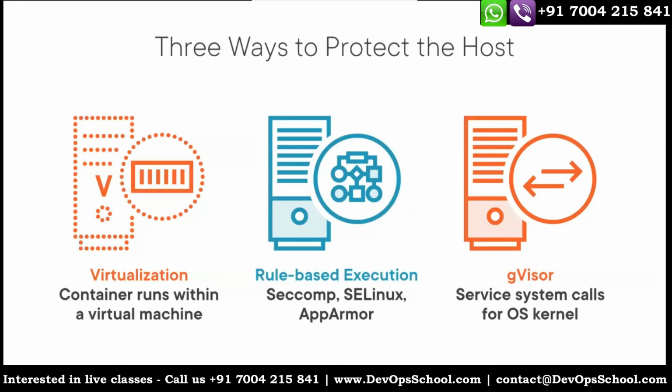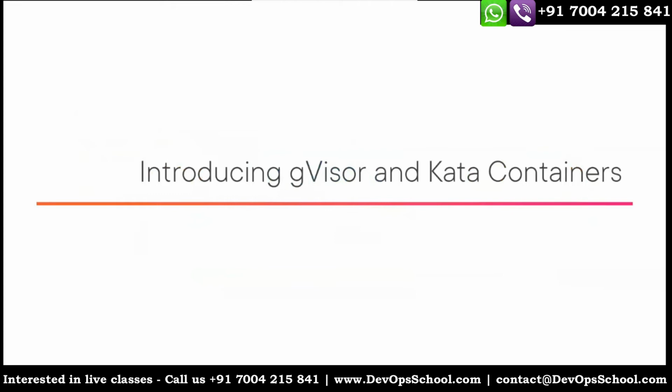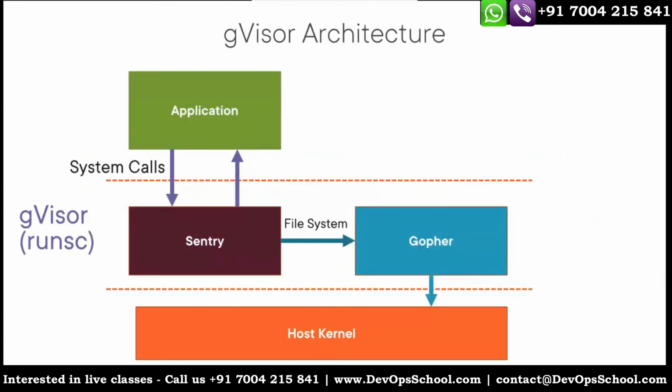First thing, you protect the virtualization level also. Using virtual machines, there are multiple tools at the VM level, and rule-based execution like seccomp, SELinux, AppArmor. gVisor we discussed, and Kata Containers you can also use. This is the architecture you can see.